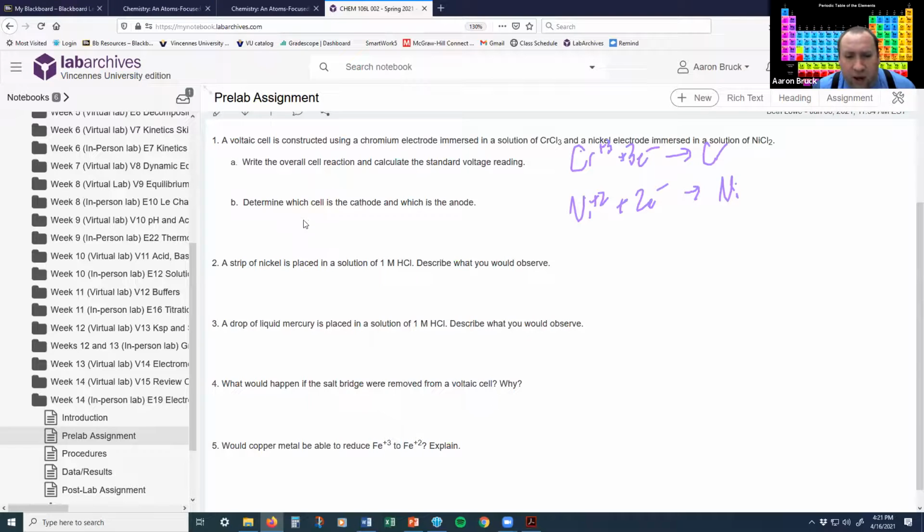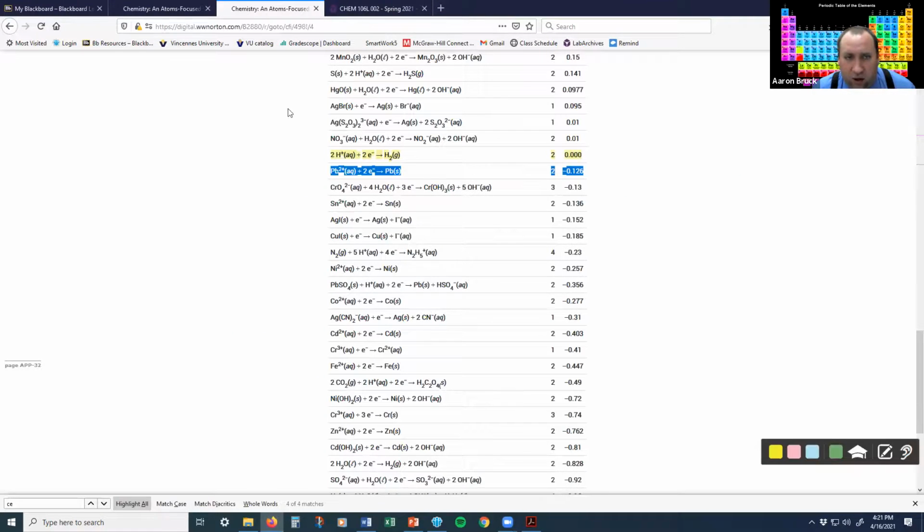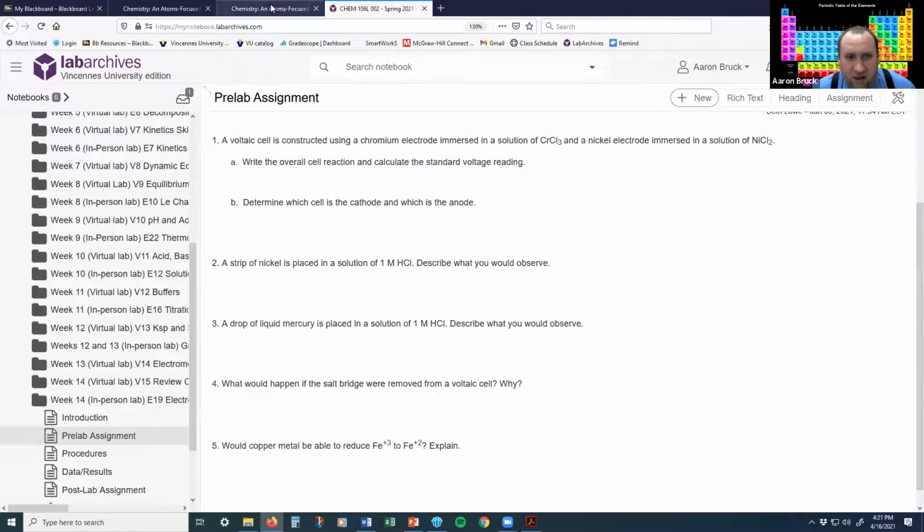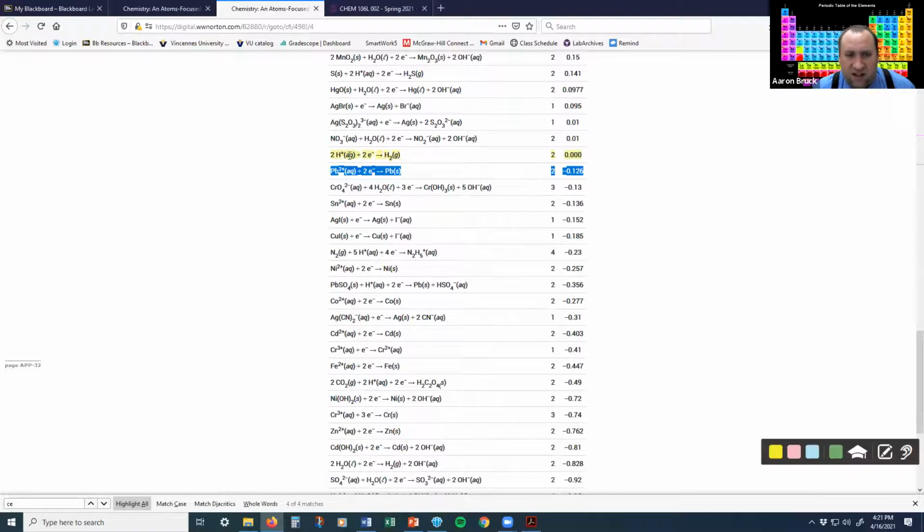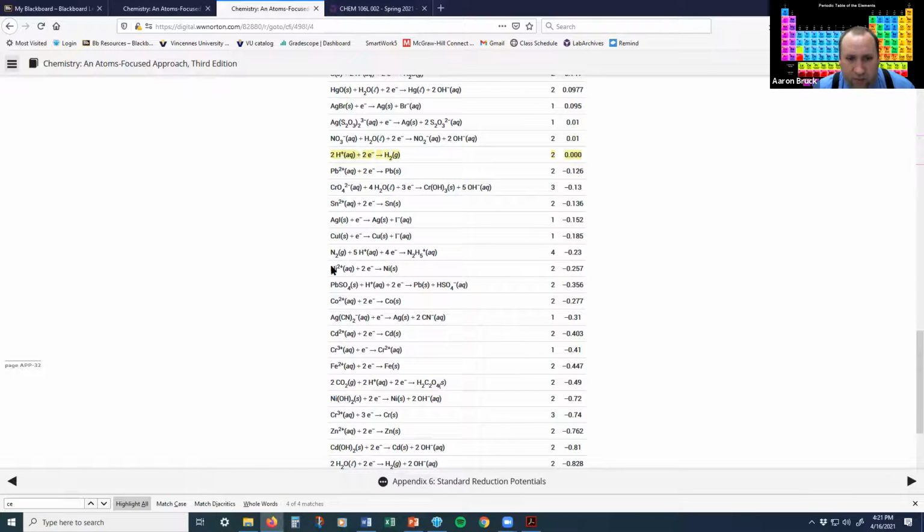For numbers 2 and 3, you're told that you're putting a metal of some sort in hydrochloric acid. Describe what you would observe. For that, you're going to need to look at the reduction potential table again. In this one, I'm looking at a strip of nickel versus hydrogen. I want to compare the two.